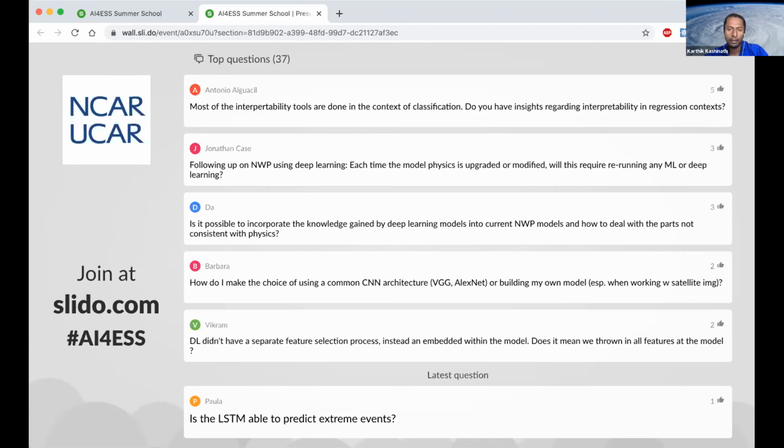Yeah, I'll just add to that, you can think of regression as essentially many discretized classification terms. So you can essentially discretize your regression question into classification over many points. So in principle, you can extend your classification interpretability tools to regression questions as well. But of course, we'll hear more through the week.